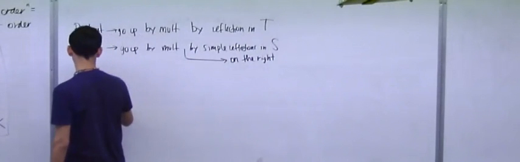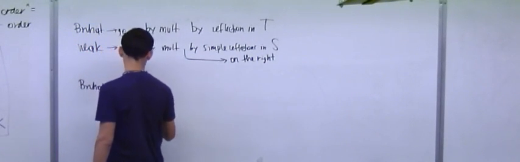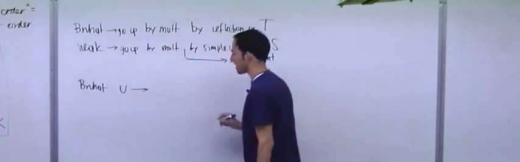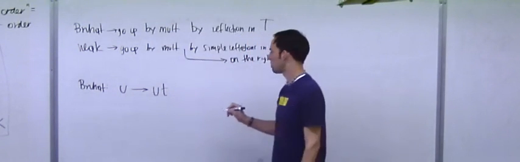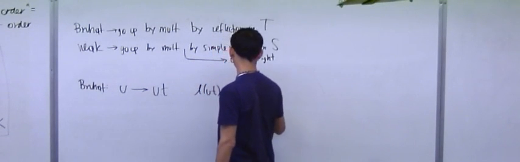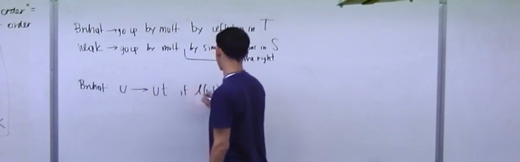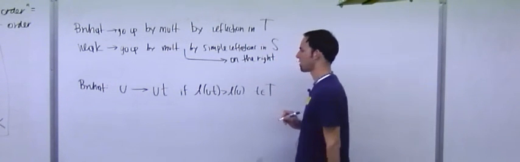You should remember that in the Bruhat order, we defined the Bruhat graph by saying that you had an edge from u to ut whenever the length of ut was bigger than the length of u, and t is some reflection.